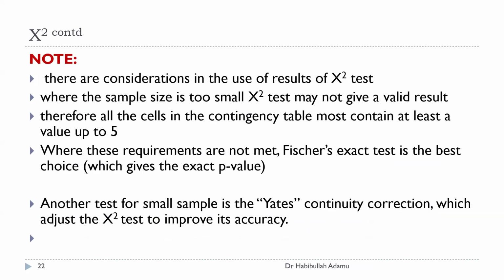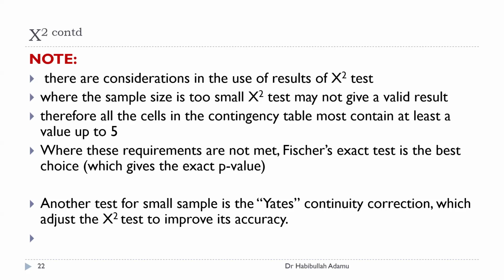Where the sample size is too small, chi-square test may not give us a valid result. Maybe the sample size is just 10 respondents. If you use chi-square test, it's not likely to give you a valid result.